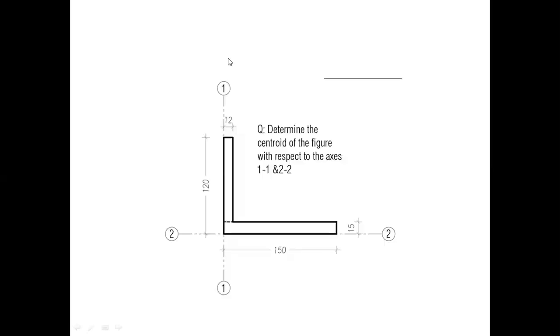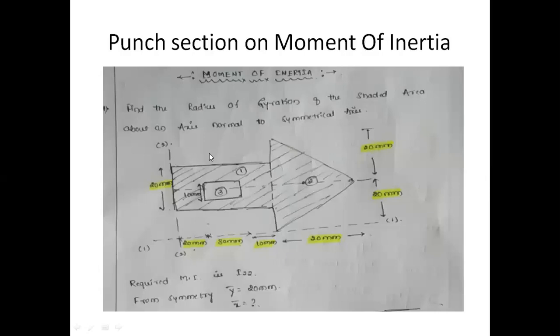X bar is the CG with reference to the 2 axis, so it will be the summation of AX by A. That will be 5.21 into 10 raised to 4 divided by 1300. How much will you get? 40.13. That will be the X bar distance with reference to this axis. So somewhere 20 plus, the CG will lie at the X bar distance.